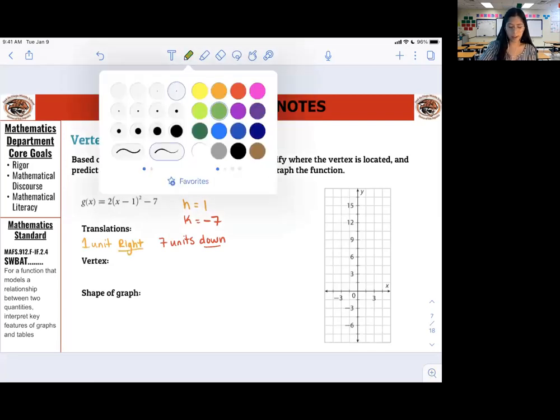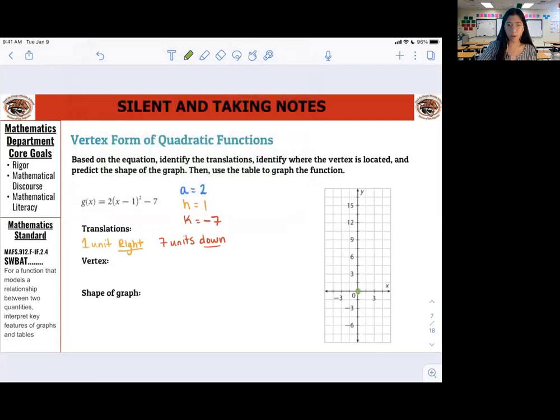Now, when I say that, that's starting from the origin. So from the origin, this is telling me, okay, go 1 unit to the right and then go 7 units down. 1, 2, 3, 4, 5, 6, 7. This is a weird graph. It's going by threes, so it's kind of off. But where is my new vertex going to be?